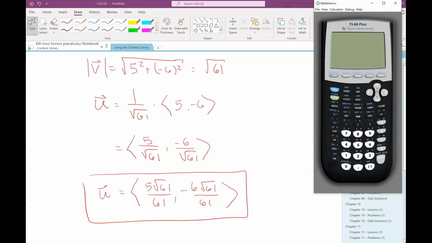Note that we could check that if we wanted by calculating the magnitude for this. So let me do that real quick here just to show you guys that what we have is indeed a unit vector.